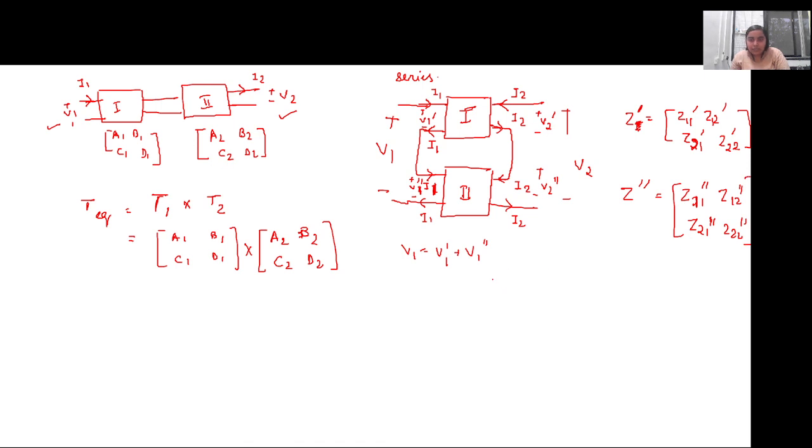So the net equivalent Z parameter of the two series connected circuits will be the sum of the Z matrix of the first circuit and the Z matrix of the second circuit.